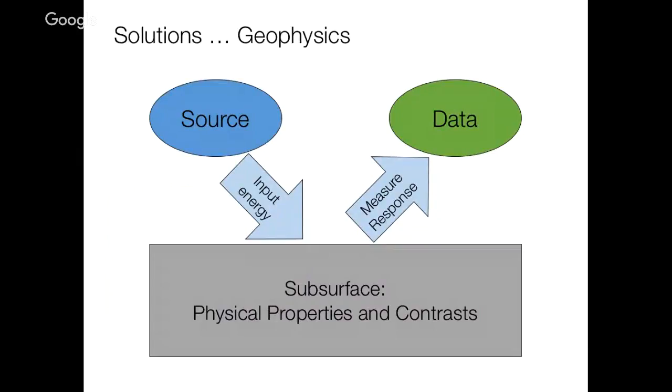So that's where we are. The general geophysical experiment has a source, puts some energy in the ground, and we're interested in a property. Which one's the first one? Density. Second? Susceptibility.